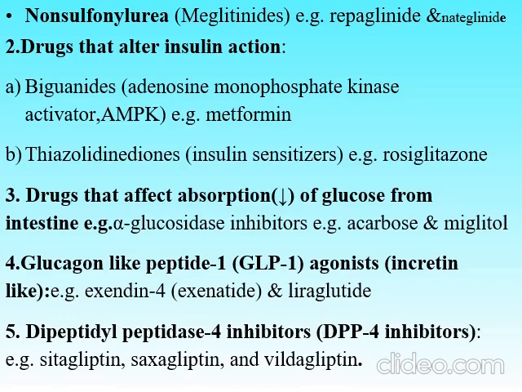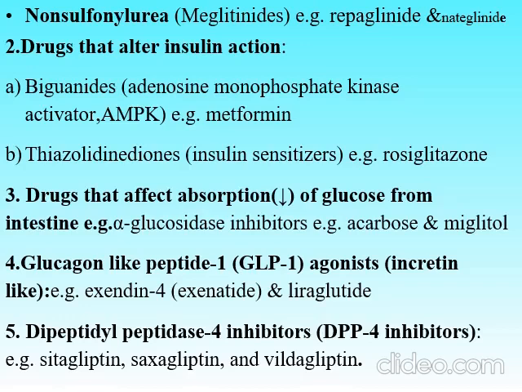The second drug group are drugs which can alter insulin action, meaning drugs that can improve the sensitivity of the insulin receptor in the periphery. First of this group, biguanide.